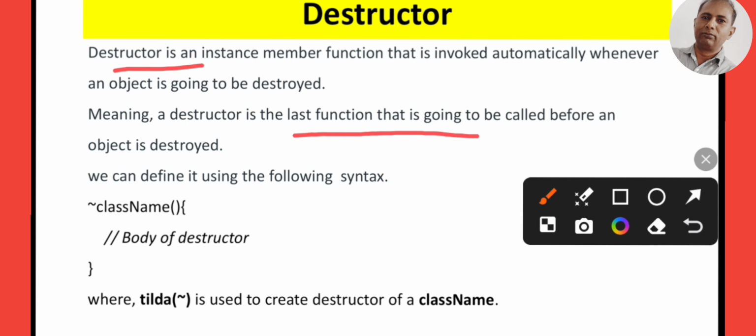So how can we define the destructor? For destructor, we use the tilde symbol, and then we write the class name here. Inside that, we write the body of the destructor. So how can we identify this is the destructor? We use the tilde symbol here.